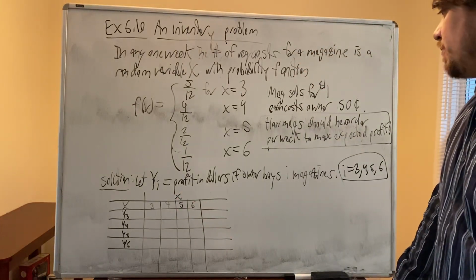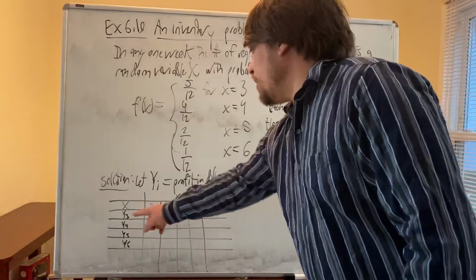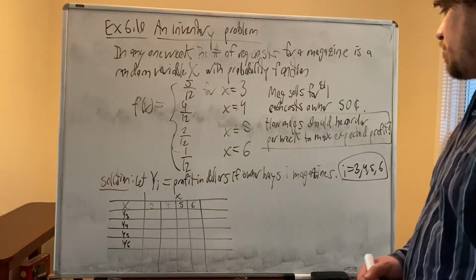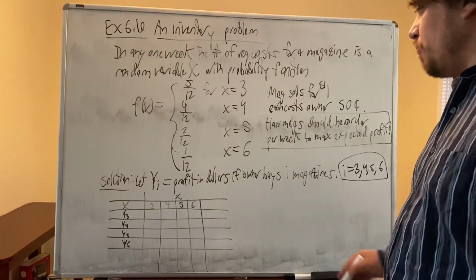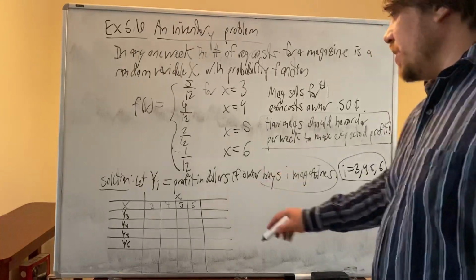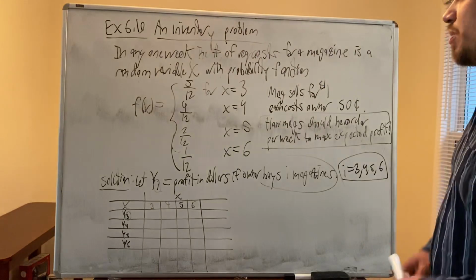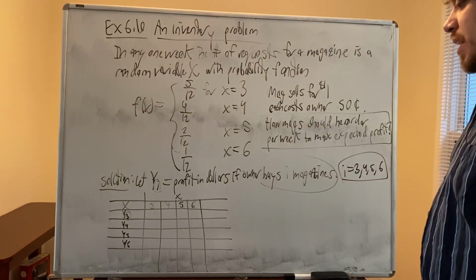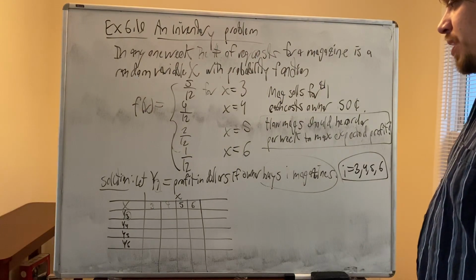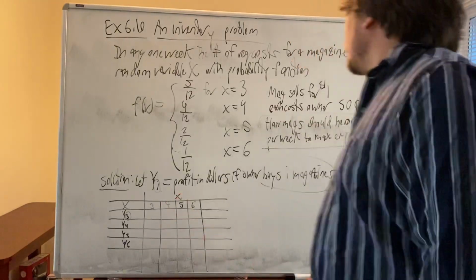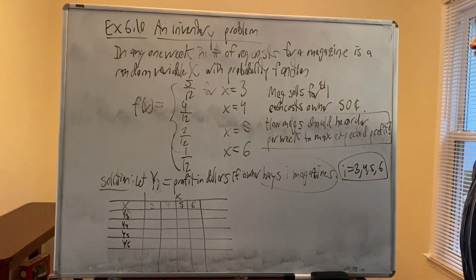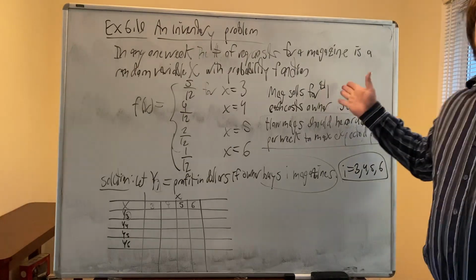Okay, and so y sub 3 is the profit in dollars if the owner buys I magazines, that's the I there, how many magazines the owner buys. So if the owner buys 3 magazines and there's 3 requests, then he sells 3 of them.